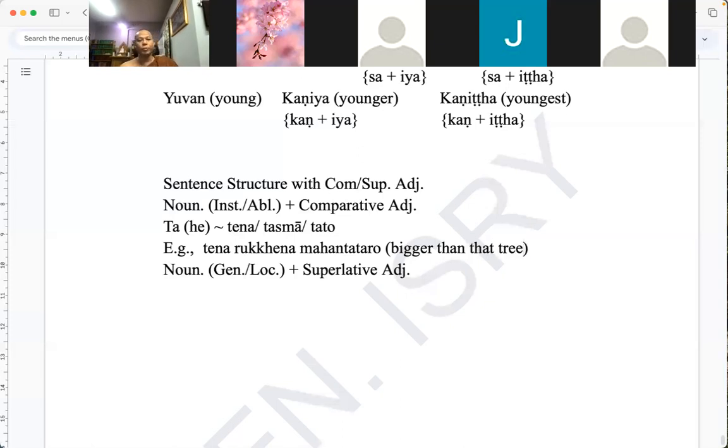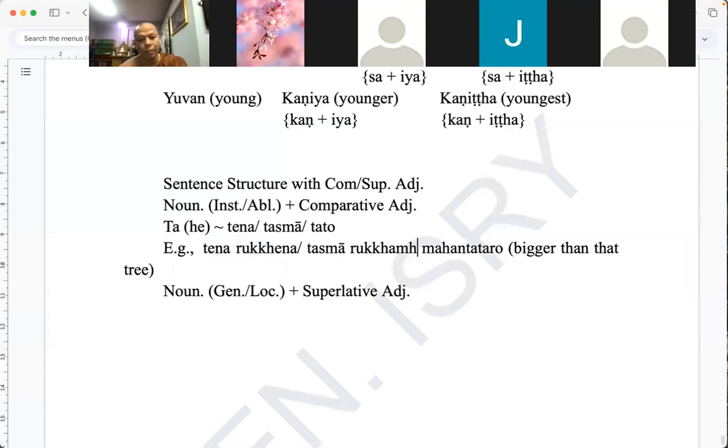So maybe among two trees, one is bigger. So bigger than that tree in this way also. You see, now compared with the instrumental case. The same way, ablative case also. That's sama rokam, mahanda daro. Whatever may be instrumental or ablative, the meaning is the same: bigger than that tree. Bigger than that tree. So in this way.